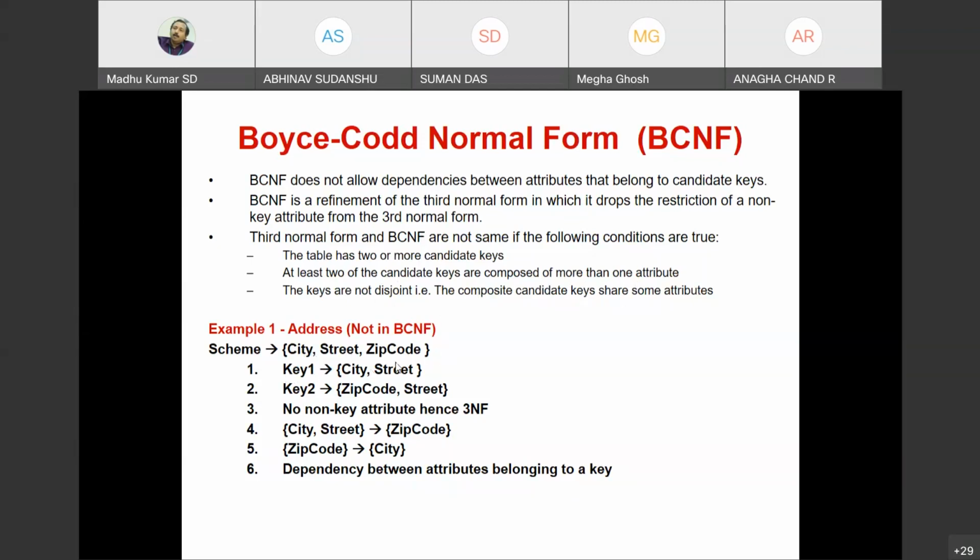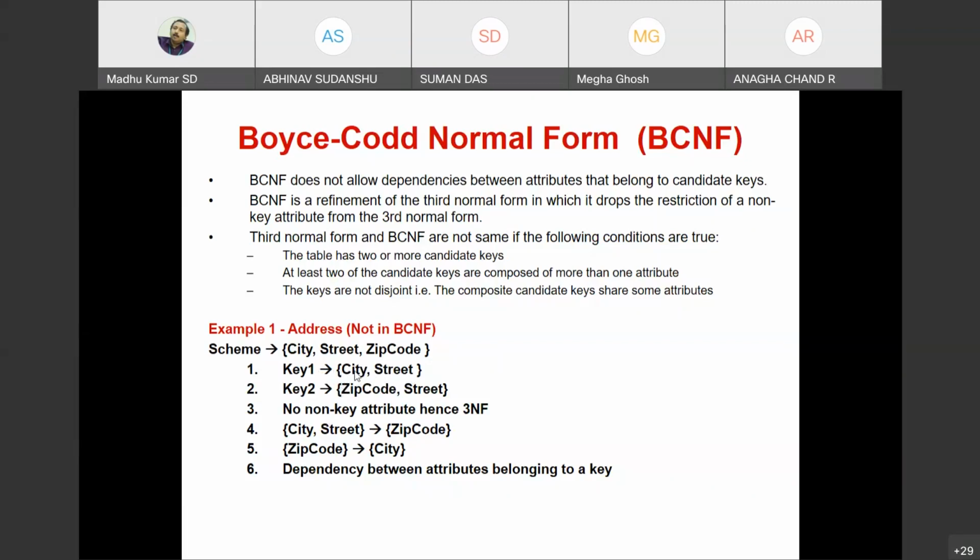A three attribute relation is given here: city, street, and pin code or zip code. There are two candidate keys. If you give the city and street, you can tell the pin code. If you give the pin code and street, you can find out the city name.